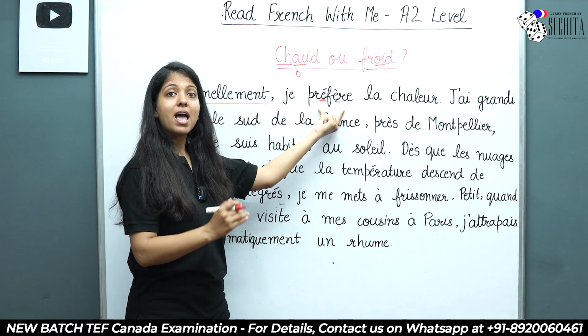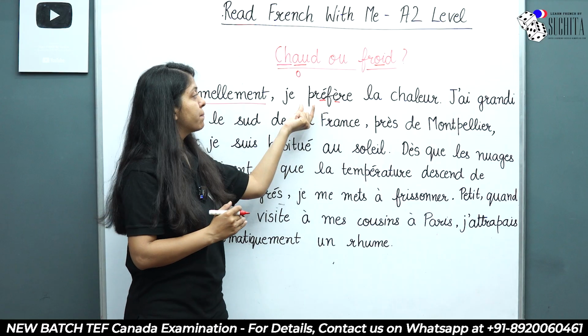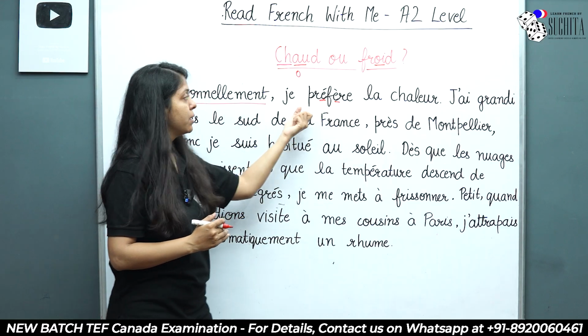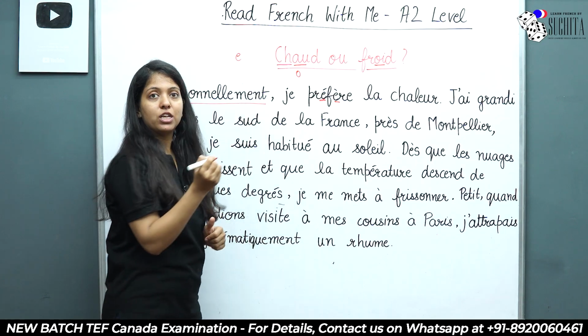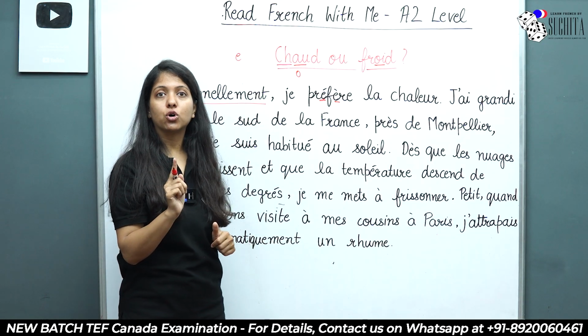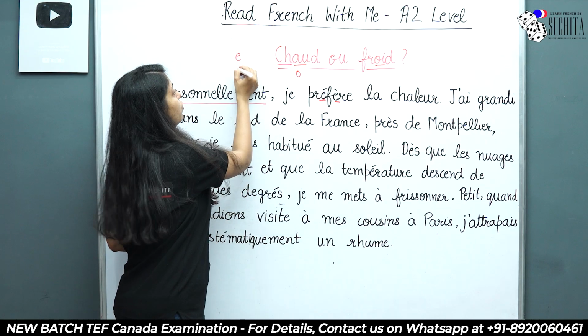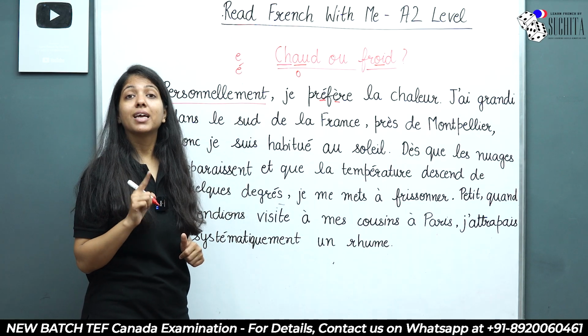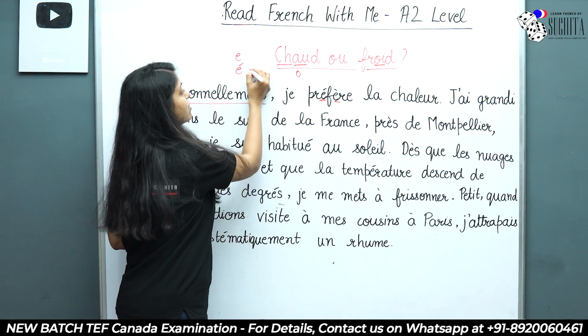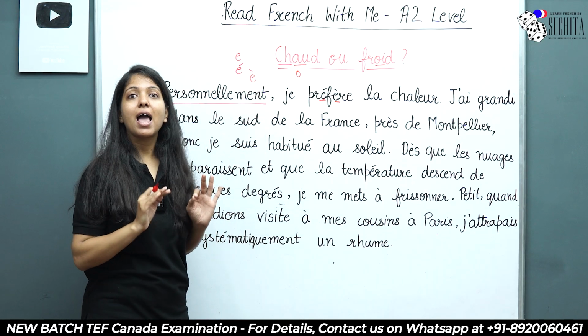Now this is fait, préfère. I repeat. See, if you have a normal E in French, then the pronunciation is a. If you have this, then the pronunciation is a. And if you have this, then the pronunciation is a.